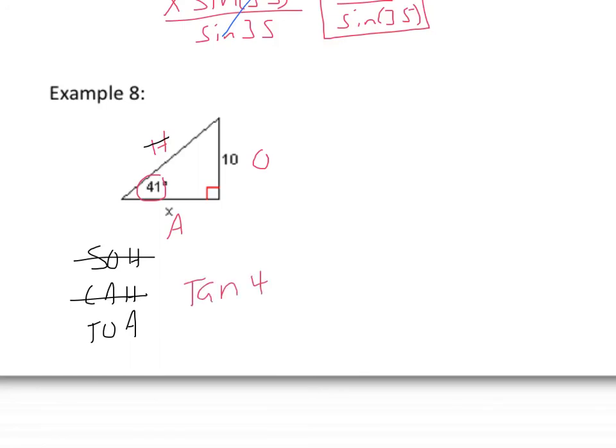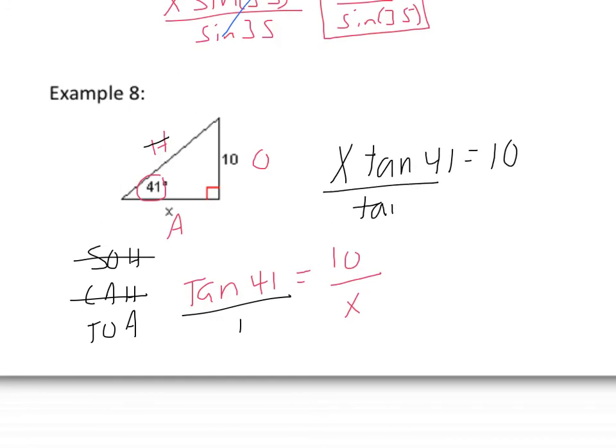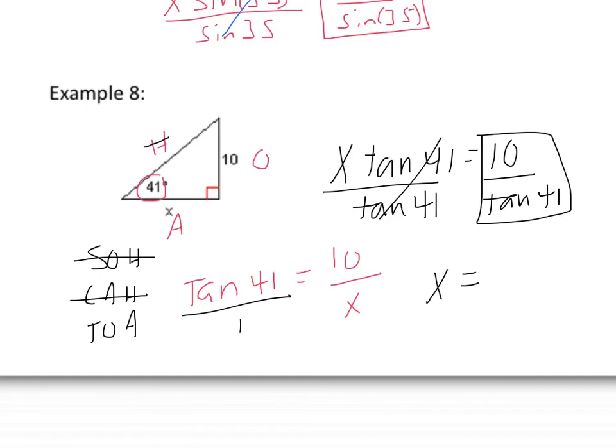So tangent of 41 is equal to opposite over adjacent. Put that over 1, cross multiply, and we get x times tangent of 41 equals 10. Divide by tan 41. And again, check your calculation, but you should get 11.5.